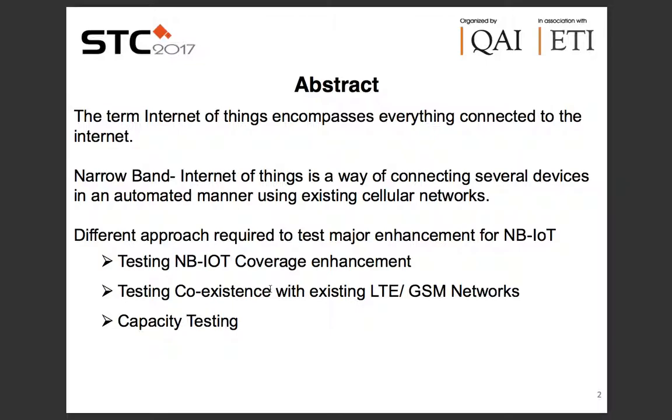Here in this presentation, we will be addressing the testing techniques that can be used to test these three major areas. So these are testing NB-IoT coverage enhancement, testing coexistence with existing LTE networks, and capacity testing.